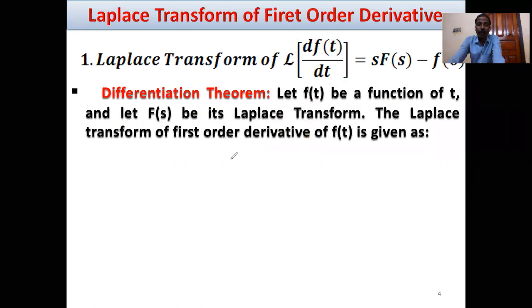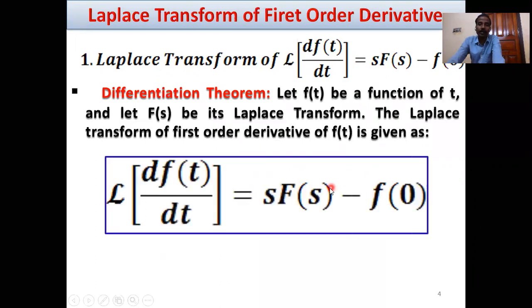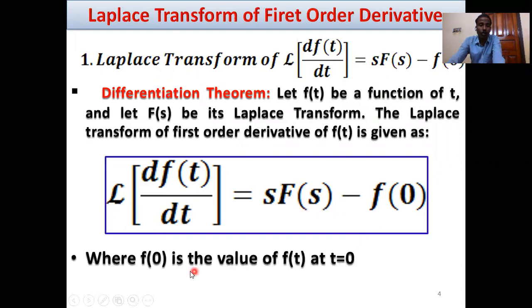That means if f(t) is a function of t and the Laplace transform of f(t) equals F(s), then the Laplace transform of the first order derivative of f(t) is given as: Laplace transform of df(t)/dt equals s F(s) minus f(0), where f(0) is the value of f(t) at t equals 0.